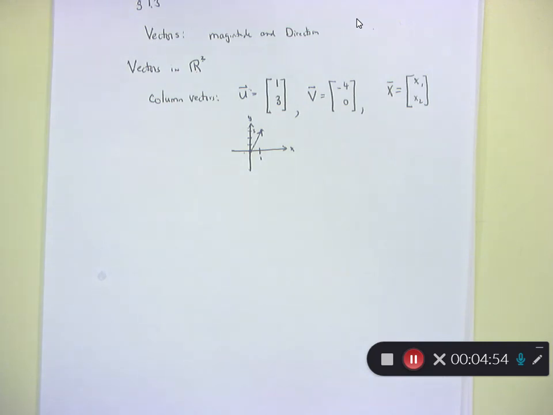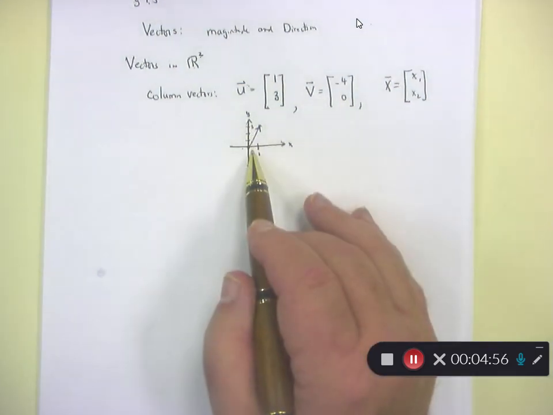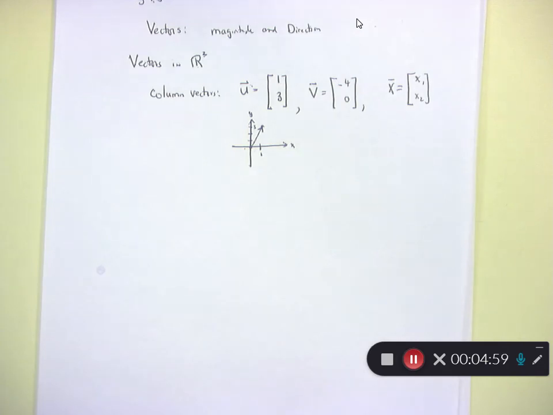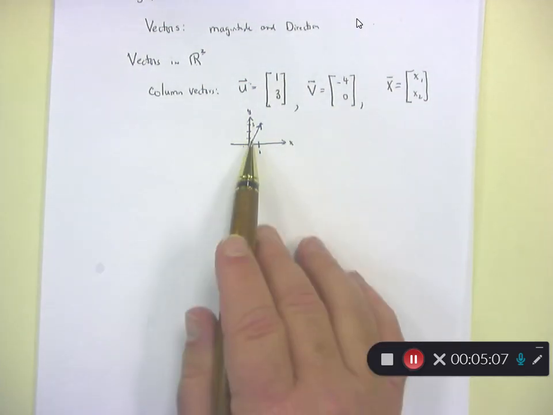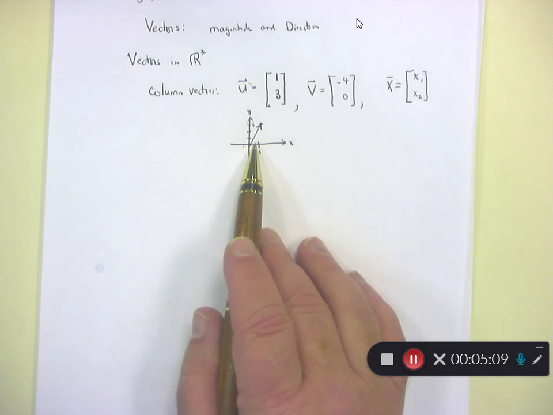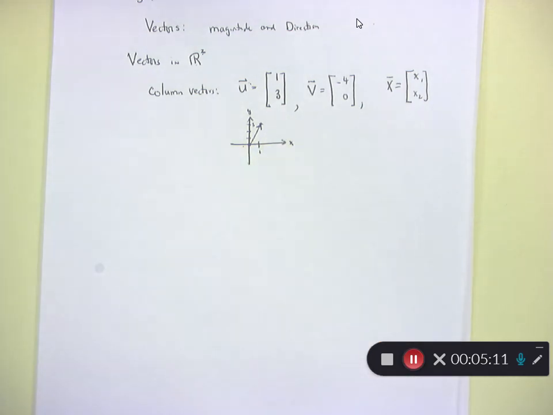Does that make sense? And if I want to figure out what this angle is, the angle in standard position is the tangent of the angle is the y component over the x component, or x2 over x1. So this would be the angle of the tangent inverse of 3 over 1. You can go degrees, you can go radians on it, that's up to you, but it gives you the direction. Does that make sense?